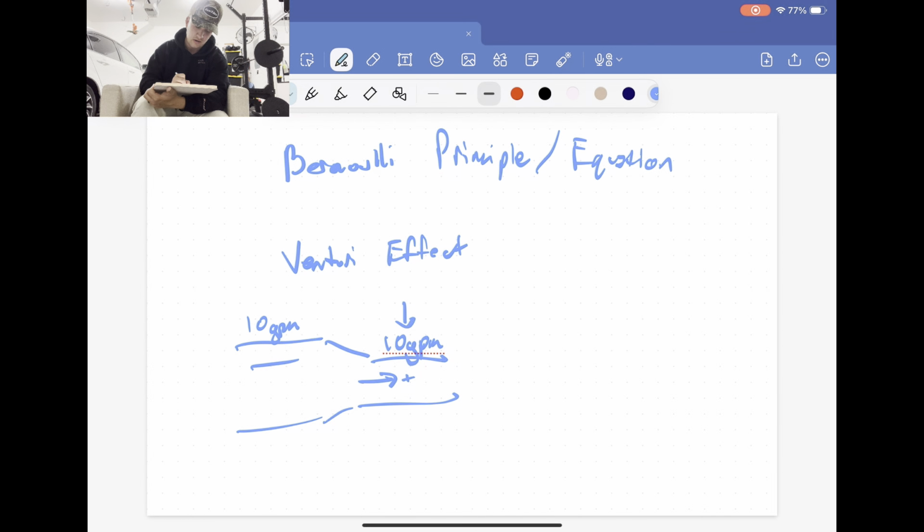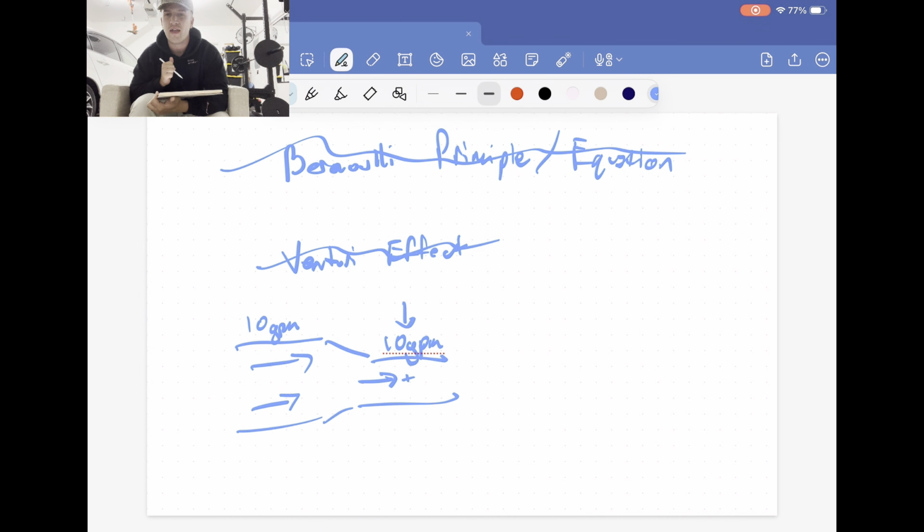Does that make sense? The lesson behind these equations is that when water is constricted, it moves faster, which is why putting your thumb on the end of a hose makes the water go further.